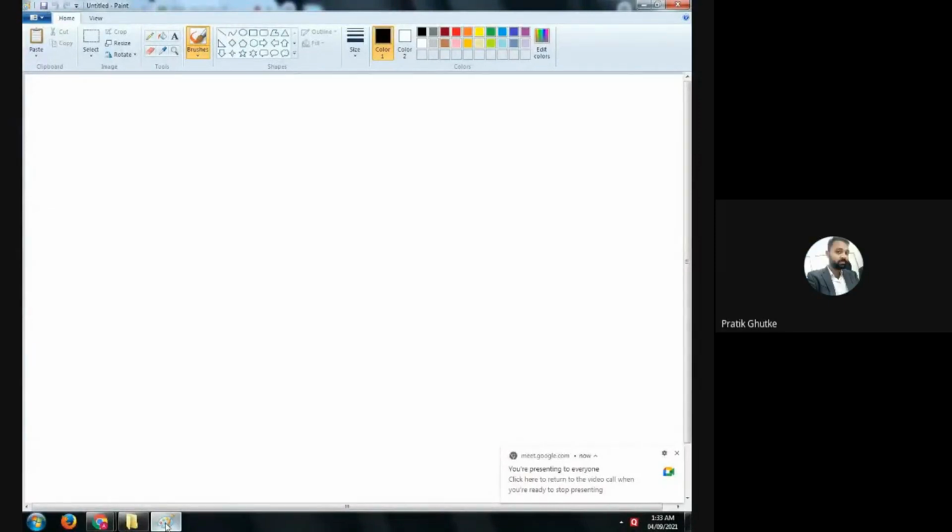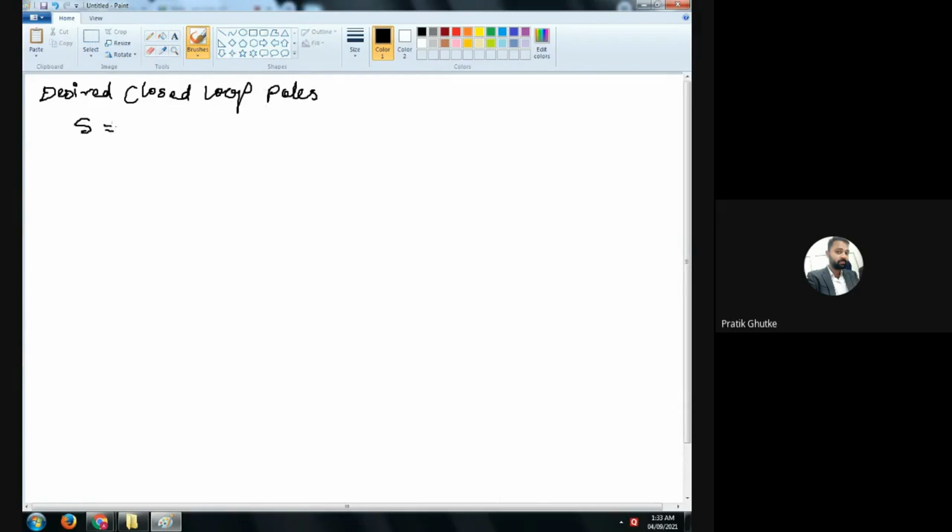Okay. So the desired closed loop poles. Am I audible clearly? The desired closed loop poles. How to find the desired closed loop poles? Yes, the formula is equals to minus zeta omega n plus minus j omega n under root 1 minus zeta square.